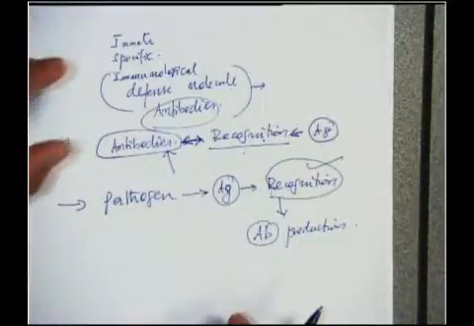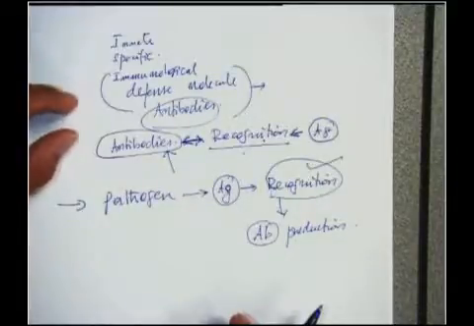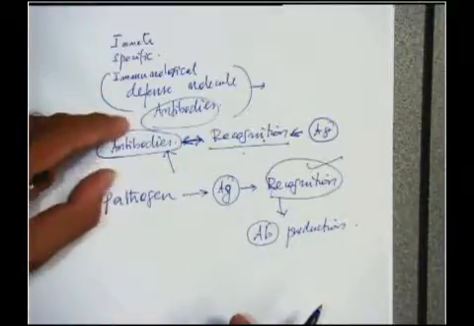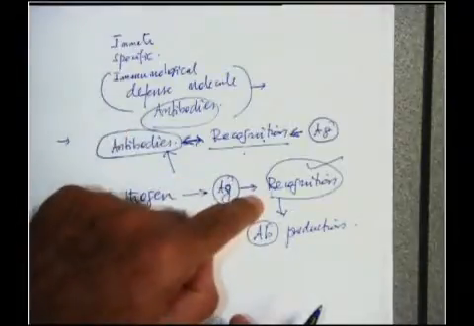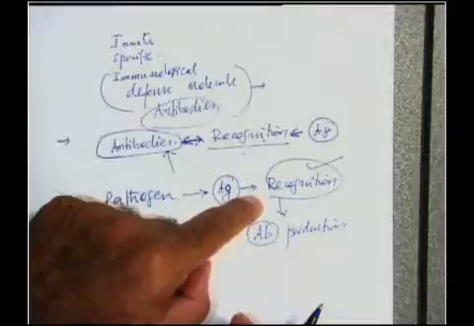So when we want to stop any pathogen spreading in our system, we need to identify the pathogen, and we also studied antibody production. So first we should recognize, as in any enemy territory, we have to identify the enemy.